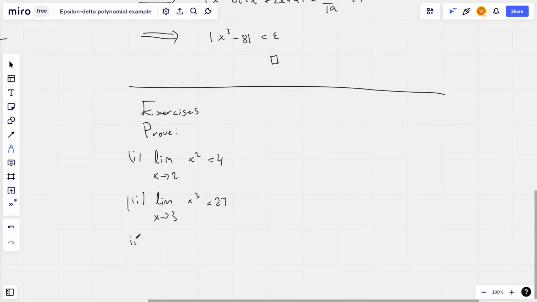And then as a challenge exercise, write a little star to indicate it's a challenge, the limit as x goes to a of x to the n is equal to a to the n for n being a natural number, and we'll say a is greater than 1.